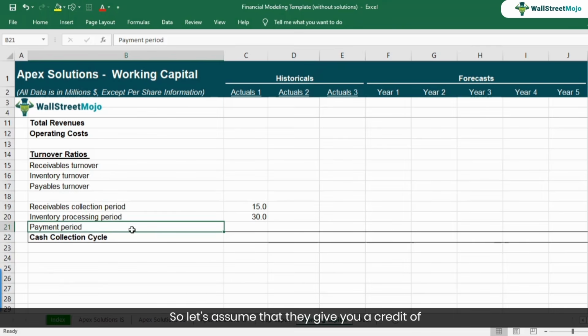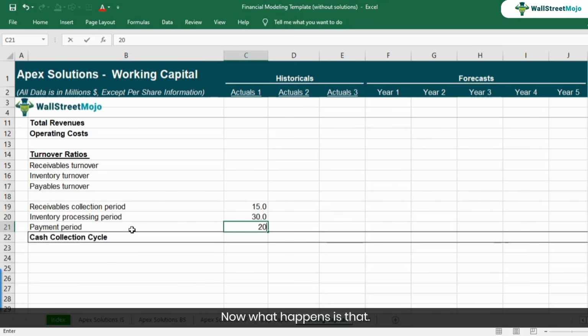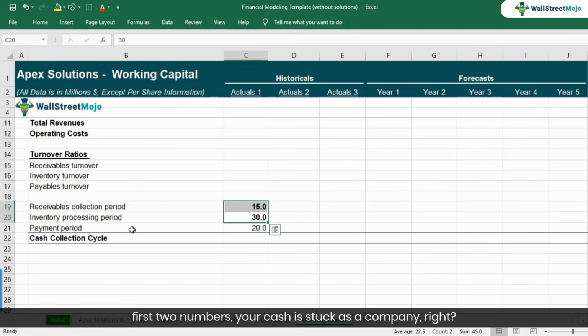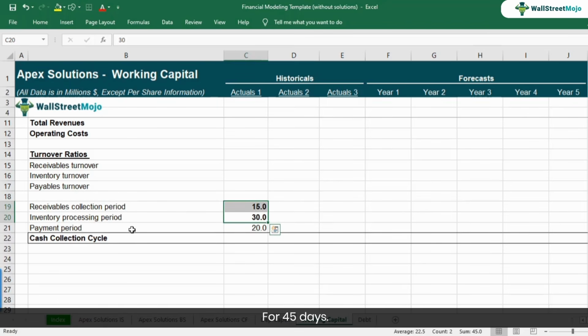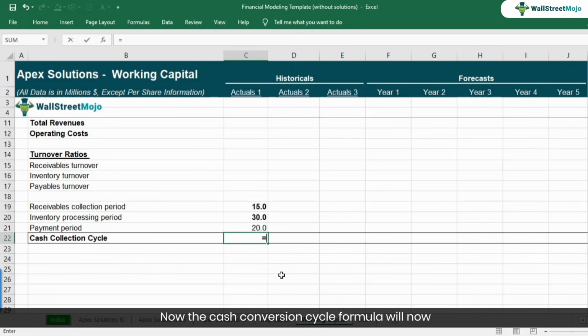So let's assume that they give you a credit of 15 days, okay, or maybe I'll just change that number, maybe 20 days. Now what happens is that when it comes to these first two numbers, your cash is stuck as a company for 45 days. Now the cash conversion cycle formula will become 15 days plus 30 days minus 20 days. We are deducting the payment period because someone else's cash is stuck here, right?